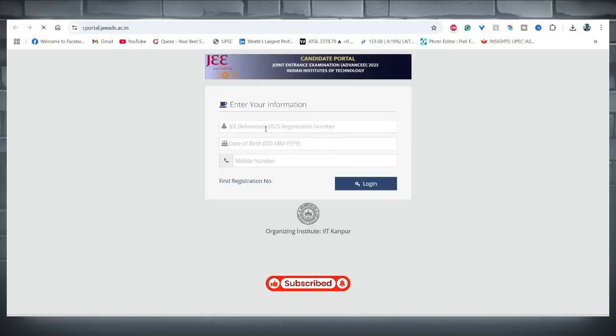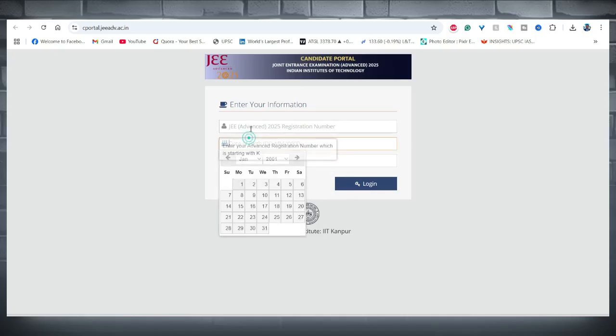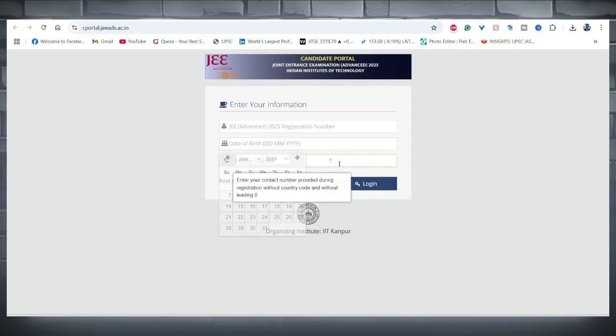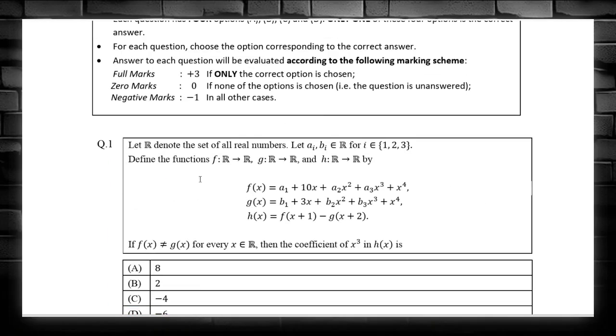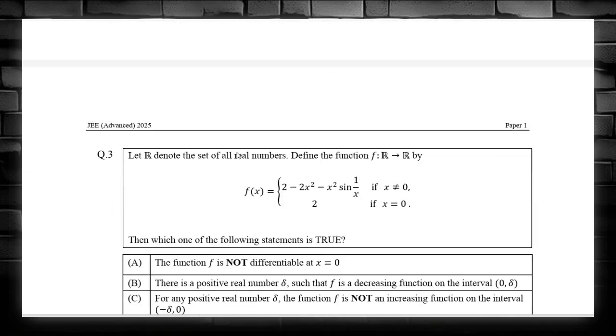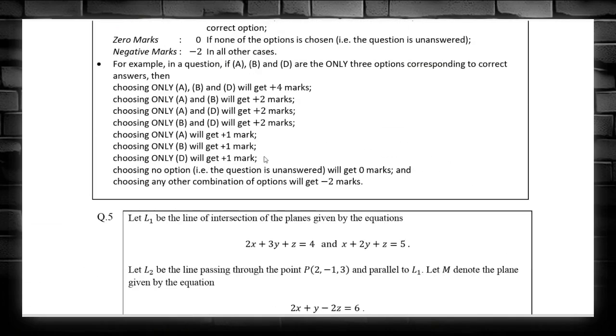Now, once you have logged in, you should know how to raise an objection. You will follow these steps. You will log into the candidate portal. You will go to the answer key objection tab. You will select the Paper 1 or 2 subject or question number where you feel the provisional answer should be queried.